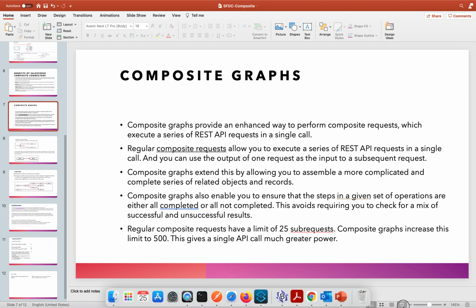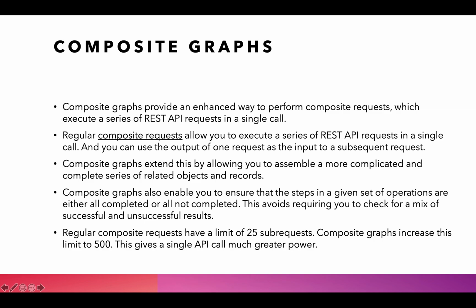I'm going into the presentation mode. Composite graph provides an enhanced way to perform composite requests, which execute a series of REST API requests in a single call. The same concept as the regular composite request, which allows you to execute a series of REST API requests in a single call, so that you can use the output of one request as the input to the subsequent request.